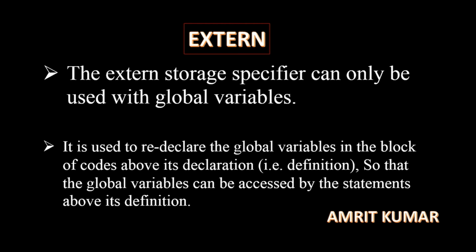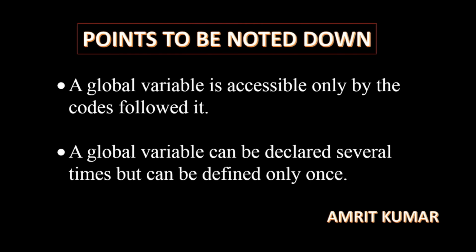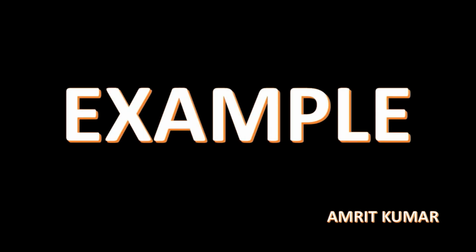And also it is used to redeclare the global variable, which is also an important point. As we have read out, a global variable is accessible only by the code following, and a global variable can be declared several times but defined only once. Now moving on to the examples of it, which will clear all the concepts of the external storage specifier.